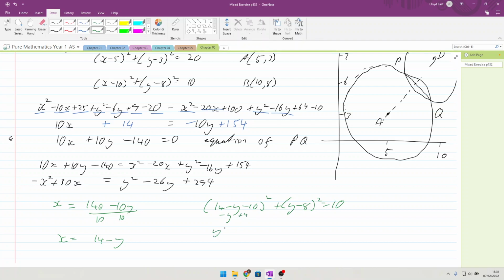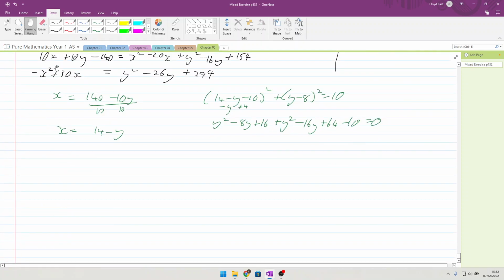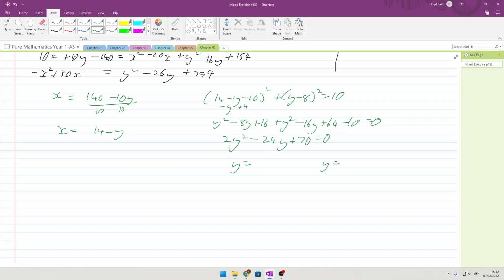Squaring that out gives us y squared minus 8y plus 16 plus y squared minus 16y plus 64, and I'll put the minus 10 here and make it equal to 0. 2y squared, 16 and 8 minus 24y, 16 plus 64, 80, take away 10, 70 equals 0.